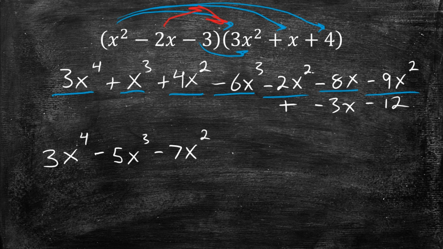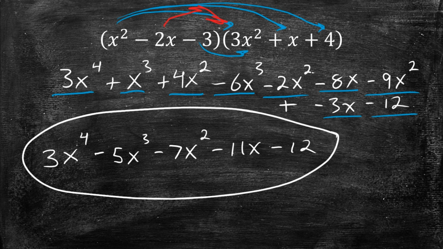We have that one there and that one there. So that is going to be negative 11x. And then the last thing we have is this negative 12 here. So we're just going to bring that down. So this is going to be our final answer for this problem. Therefore, this example is complete.